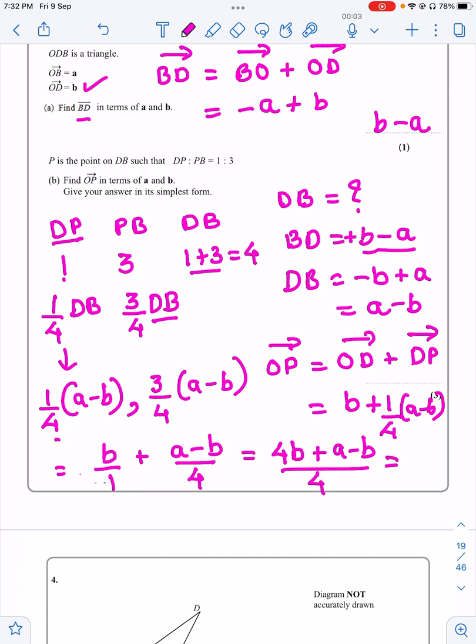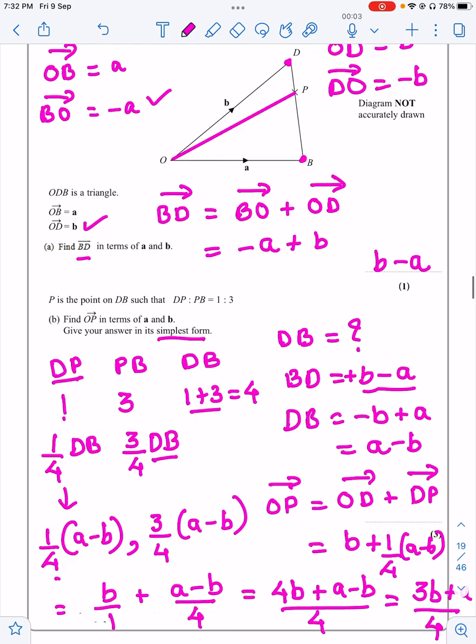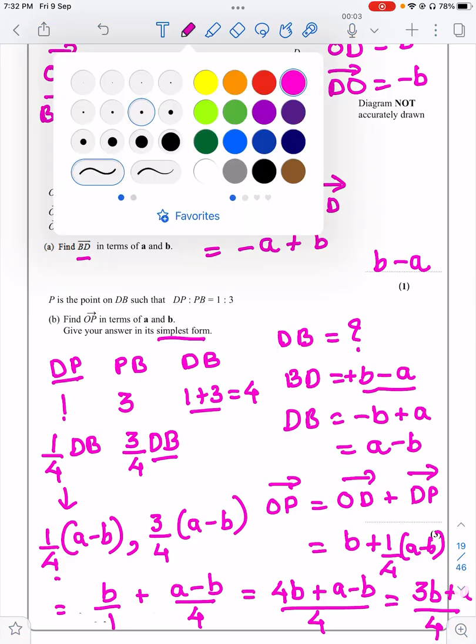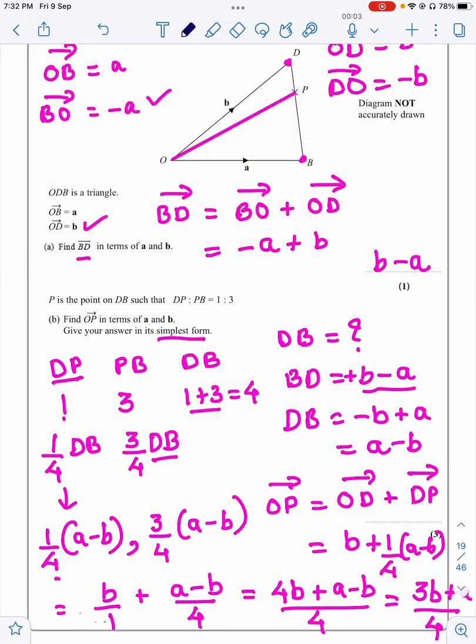Can I simplify it? Yes, because they have asked in the simplified form. 4B minus B is 3B, so (3B plus A) upon 4 is my answer. So this is how we solve a sum which contains ratio, my dear students.